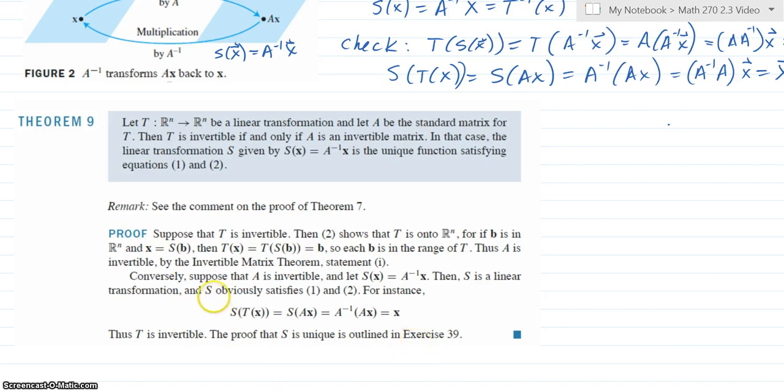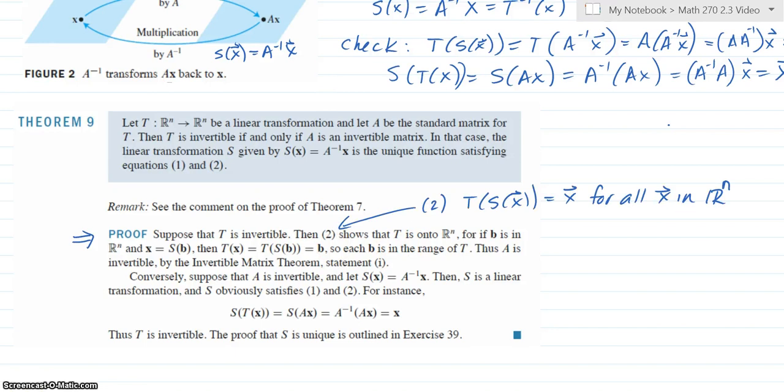The following here is the proof. So this is going to go this way. We're going to assume that T is invertible. It's an if and only if statement. So we want to show that A is invertible. So we know from 2 that T is onto. So what is 2? You can look up in the book and see that 2 is the statement T of S of x is equal to x for all x in Rn.